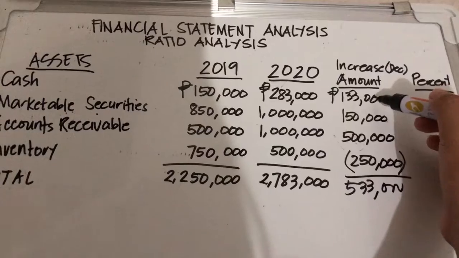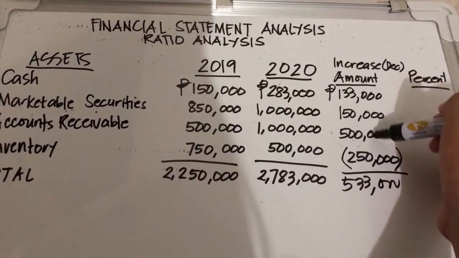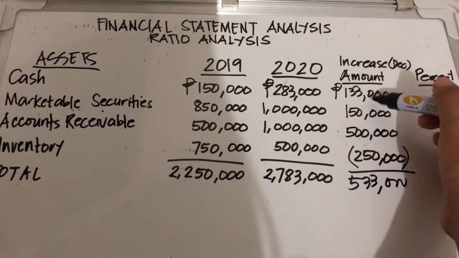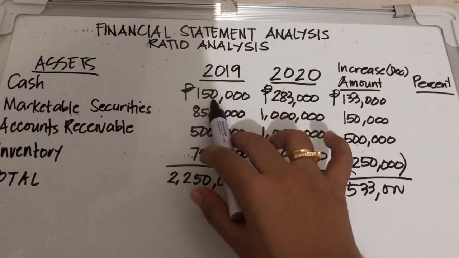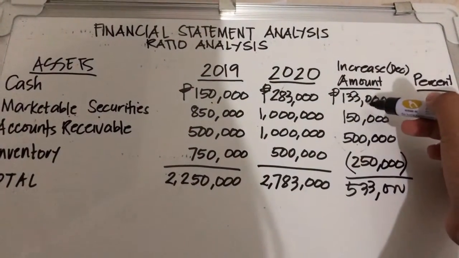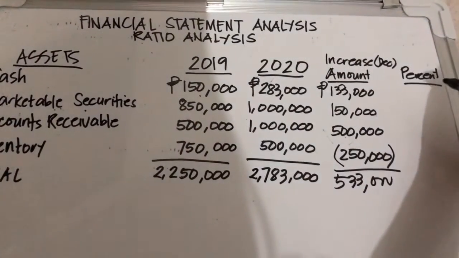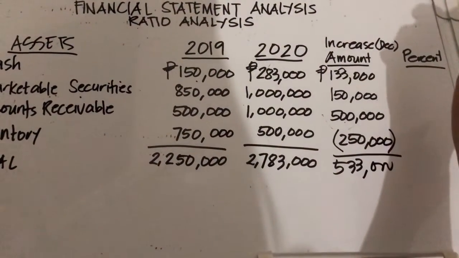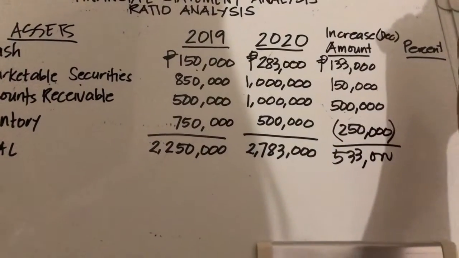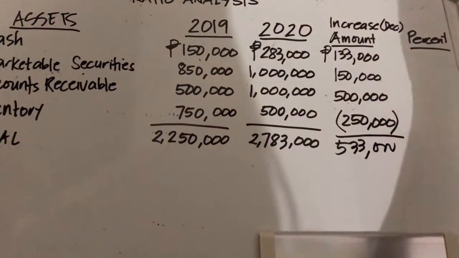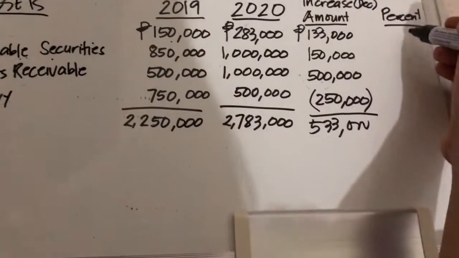So, divide mo yung amount dito na nakikita nyo dito sa item na to, item ng cash, divide nyo siya sa previous year. So, 133,000 divided by 150,000, that is, kung i-divide nyo siya using your calculator, hingi decimal point yan. So, kailangan nyo lang times 100 para makuha yung percent.